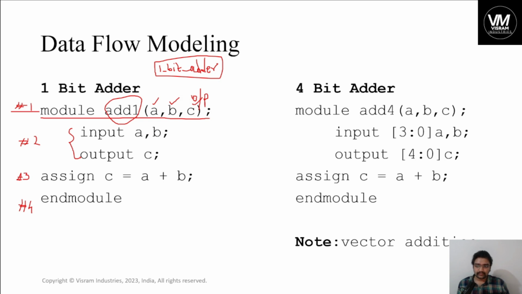Now the second part is the input and output declarations. Usually in the third part you declare wires and registers, but it is not necessary here in data flow modeling. You are not declaring wires and so on because we don't need storage elements. I'll give you some examples as well, but this is a vector addition.